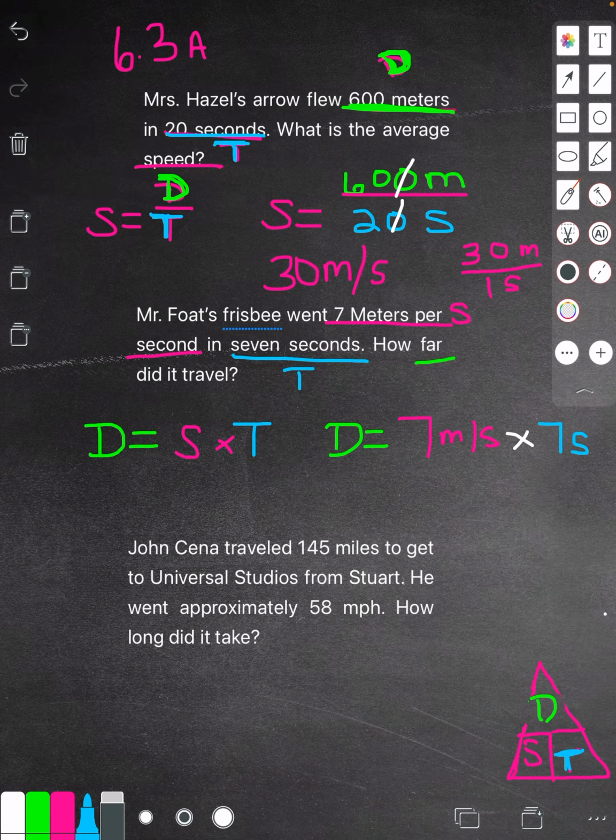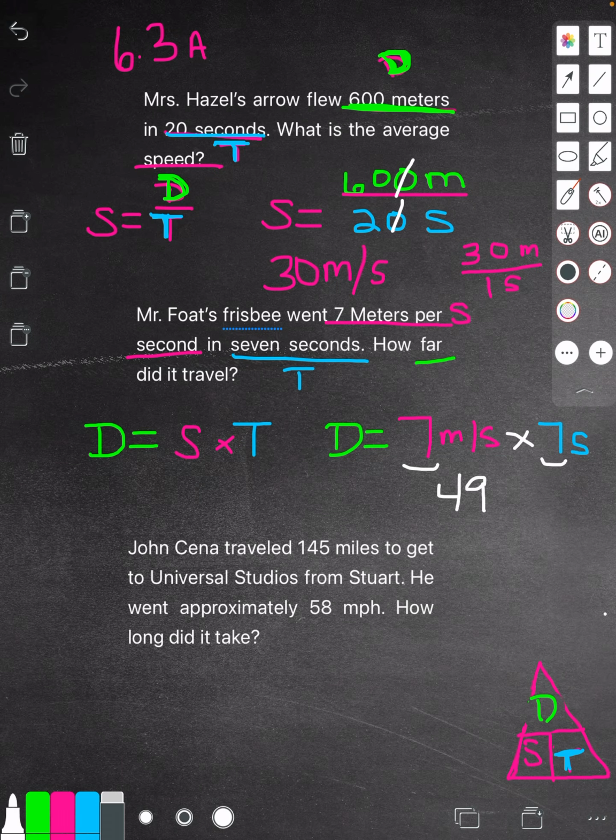All right, let's just look at the number values here. We want 7 times 7. What does that mean? Means we get to multiply.